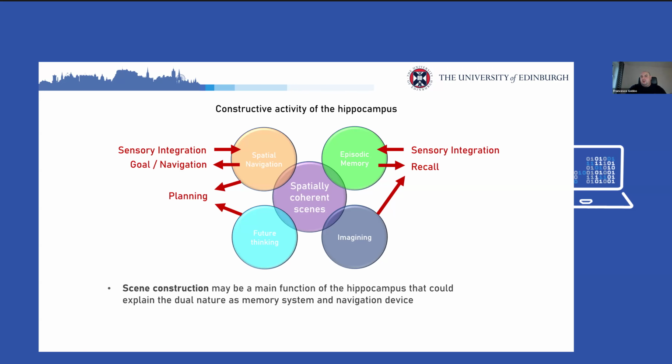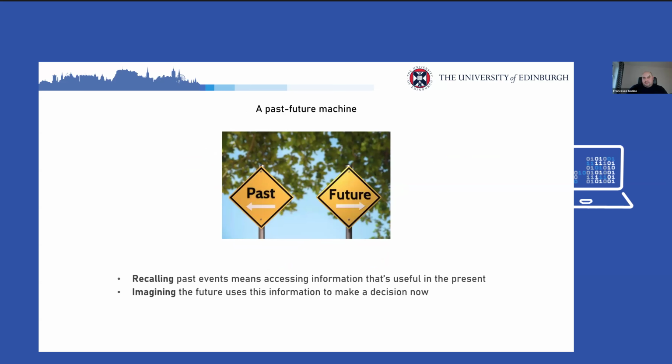And this is what we believe can link spatial navigation and episodic memories, because a lot of episodic memories and a lot of memories in general are not just flashbulb reactivation of experience that we had, but they always have a reconstruction component to them, meaning that what we probably remember is the gist of the memory, and then the hippocampus constructs a scene with a richness of details.